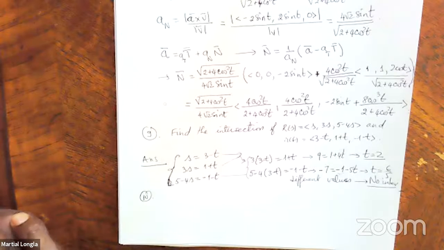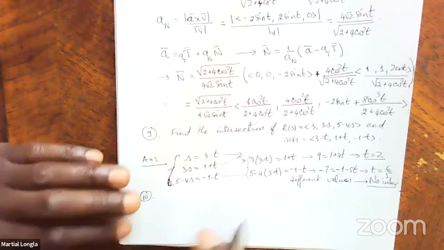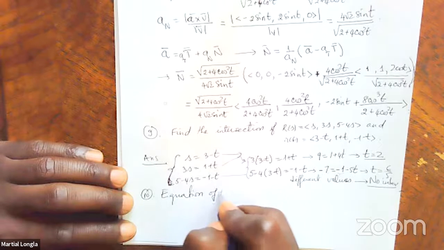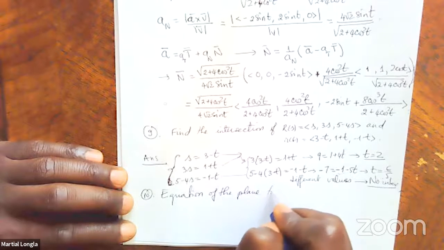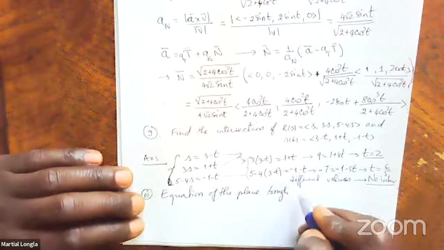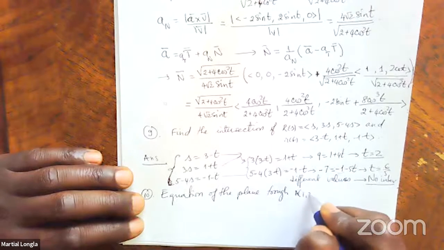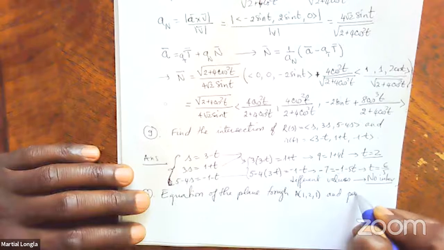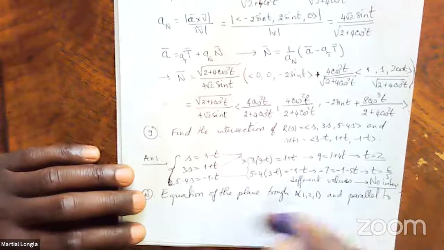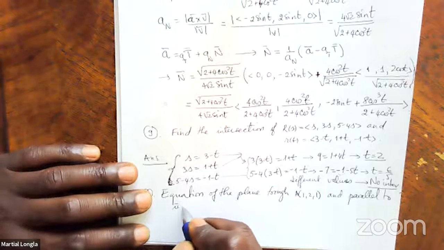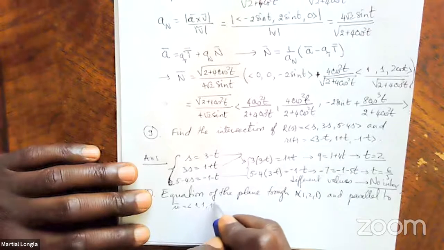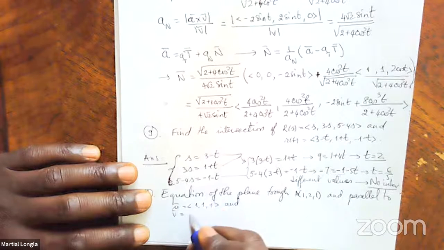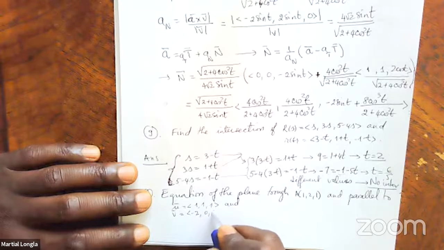Now in number 10, it says write the equation of the plane that goes through a point A and it's parallel to U equals 1, 1, 1, and V equals -2, 0, 1.